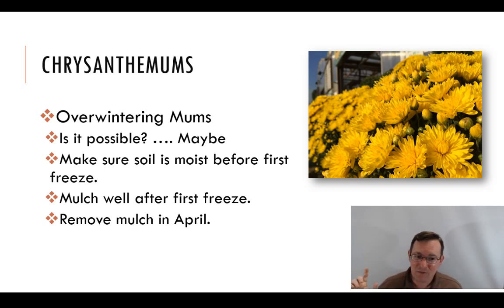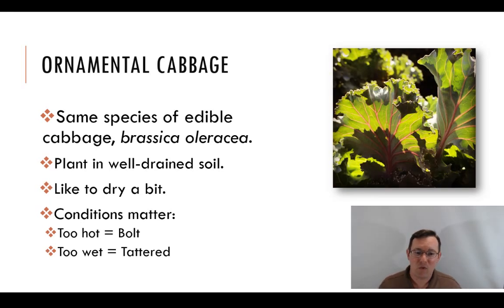The last really ornamental plant I wanted to talk about tonight is ornamental cabbage, and also in that bunch is ornamental kales. And really in the horticulture industry, there's been a divide over the last few years. It used to be some of the plants were referred to as ornamental cabbage, some were referred to as ornamental kales, when really they're both the exact same species, Brassica oleracea.